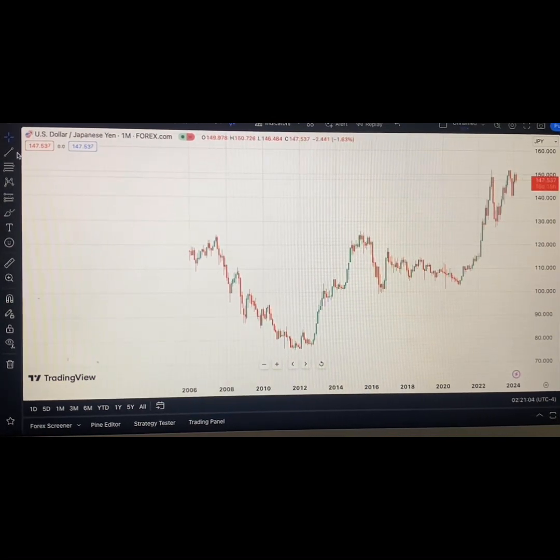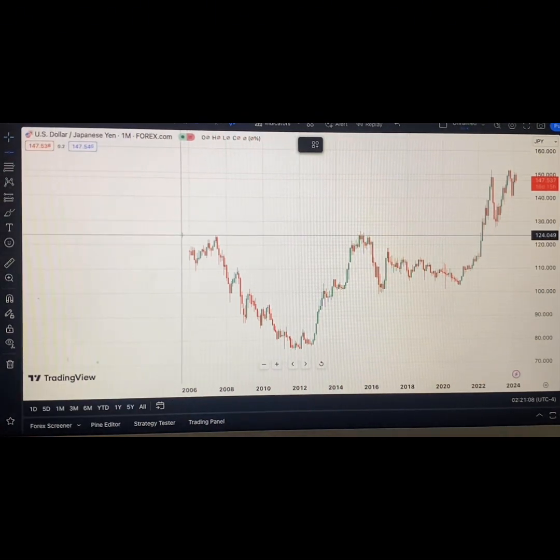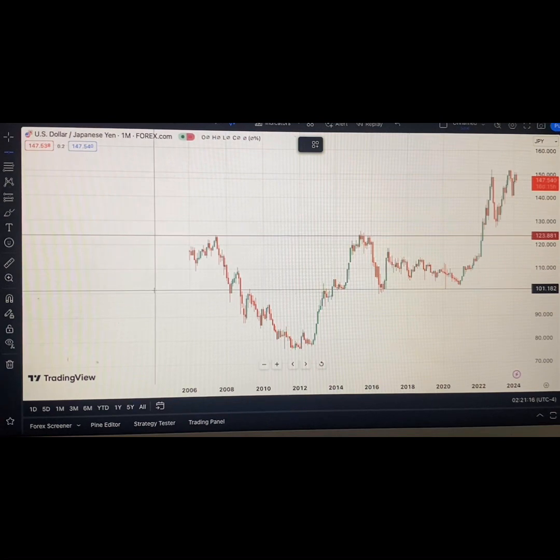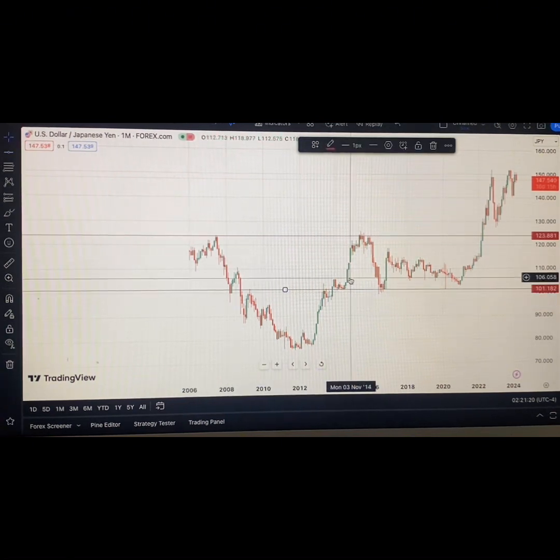For those that have been following the class, this is a resistance zone, and this is a support zone. But let's use this. This is a support zone. So what has the market been doing here? It's been ranging.